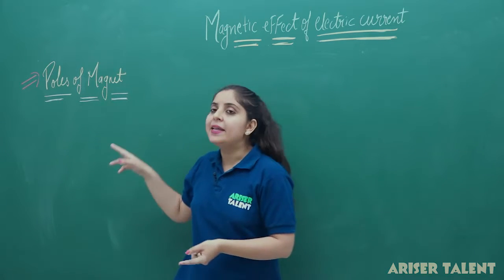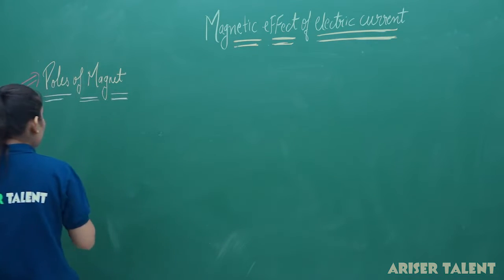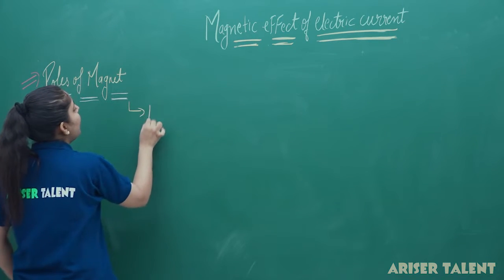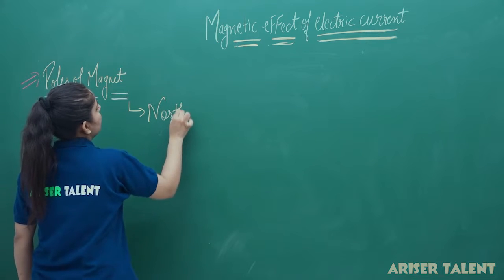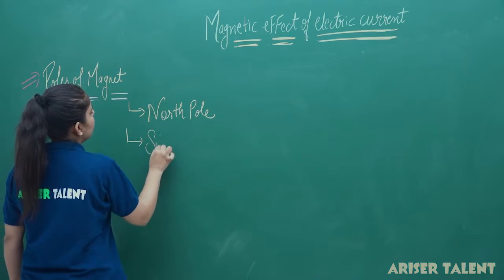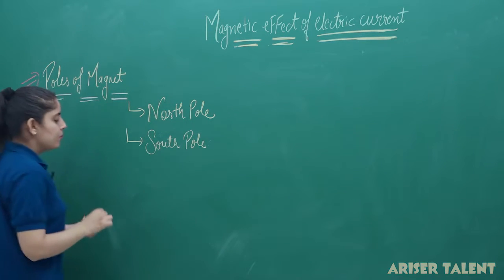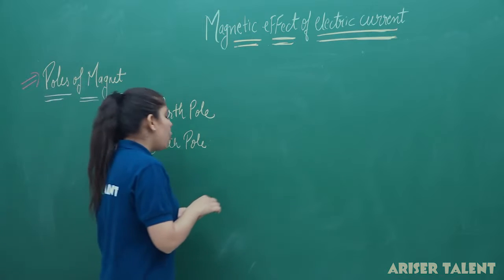So, we have basically two poles in the magnet. The two poles of a magnet are the north pole and the south pole. So, what is the north pole?